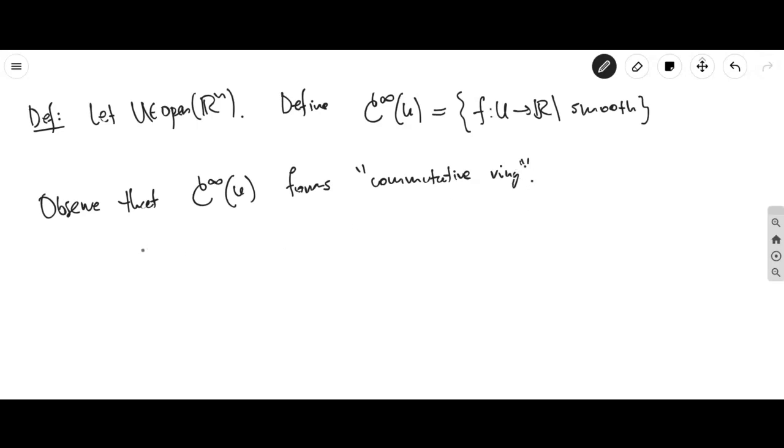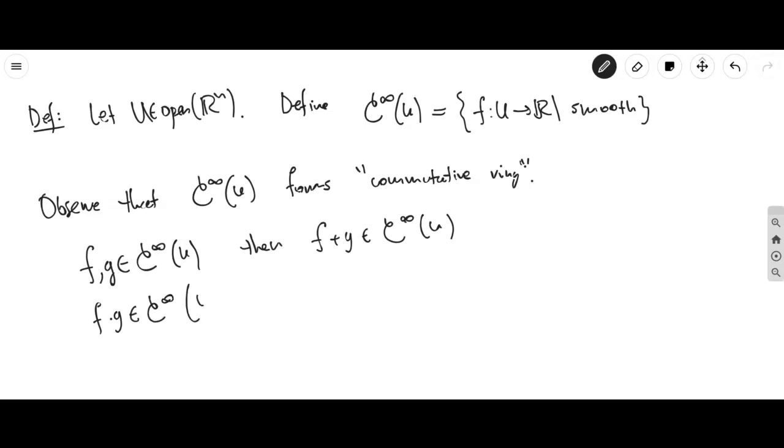So what do we mean by that? I do not want to give the full definition of it, I just want to give the basics. It basically just means that if two functions belong to this set of smooth functions, then their sum is smooth, their product is smooth. The negative of a function is smooth, so the negative exists.